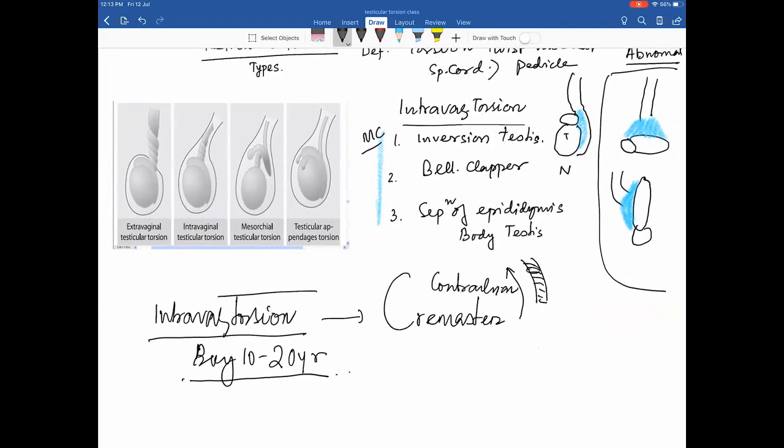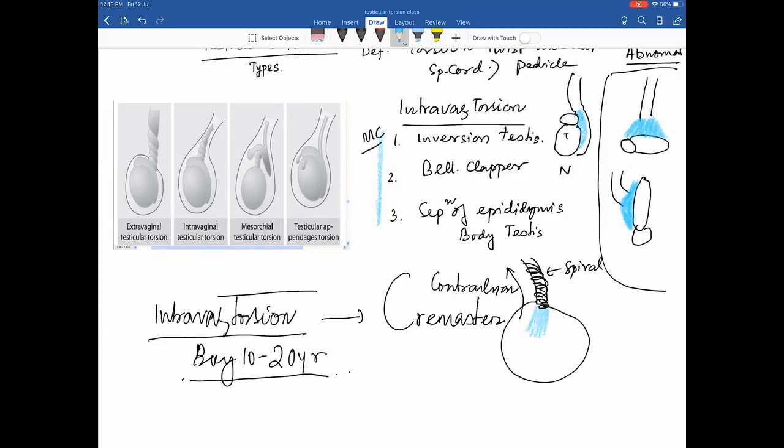Now, these cremaster muscles, as you know from your operative surgery, are spiral fibers. These spiral fibers pull the testis upwards, and the testis inside the tunica vaginalis undergoes these forms of deformity. So, what I have done is that I have drawn a wrong picture.